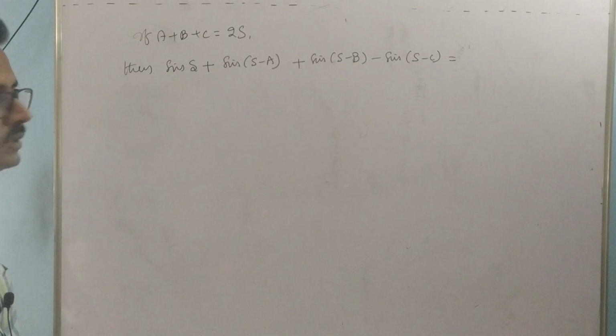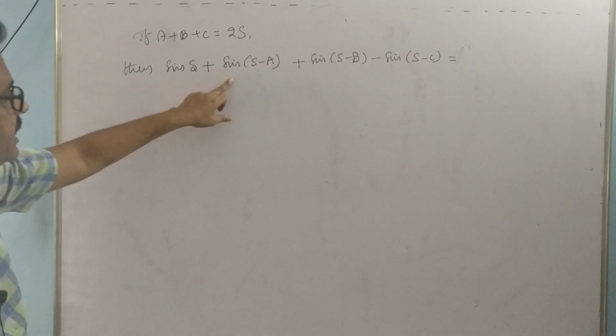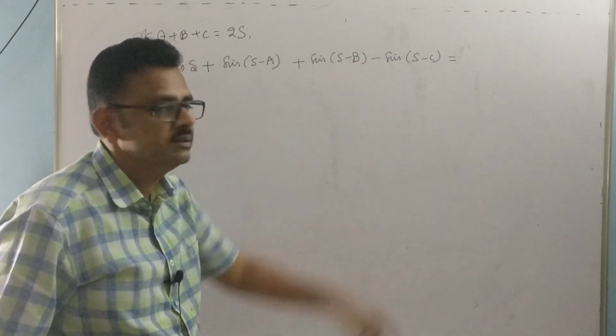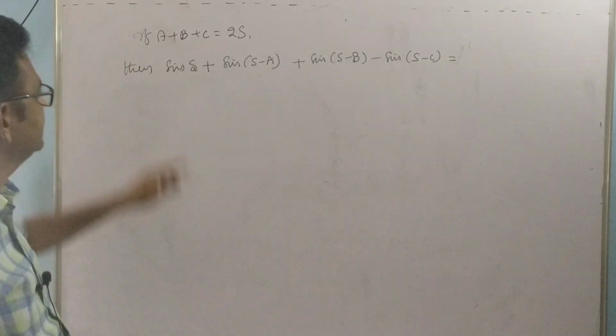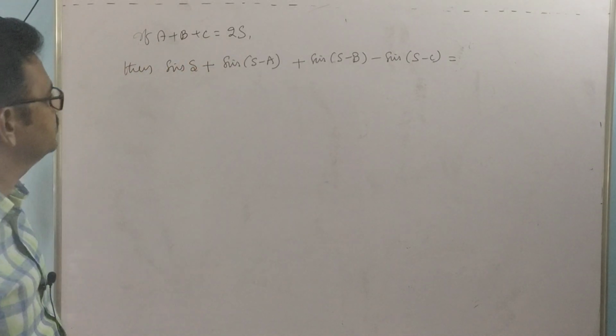Now using transformations, that is the sin C plus sin D form and sin C minus sin D form, given that a plus b plus c equal to 2s.